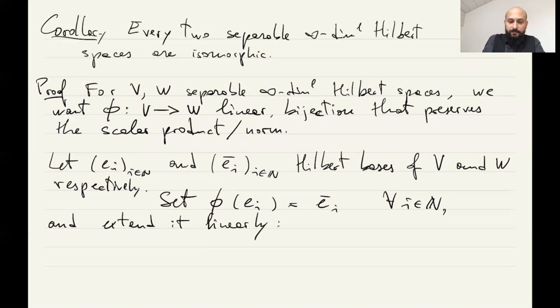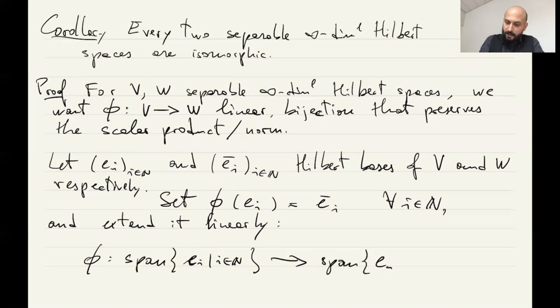So linearly, what does it mean? Now we have a map phi defined on the span of the e_i into the span of the e_i bar.